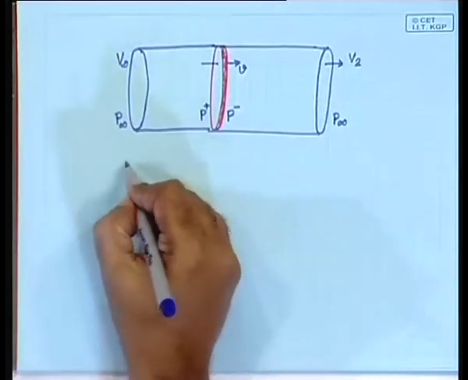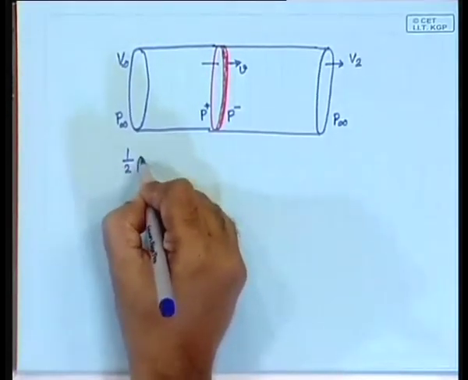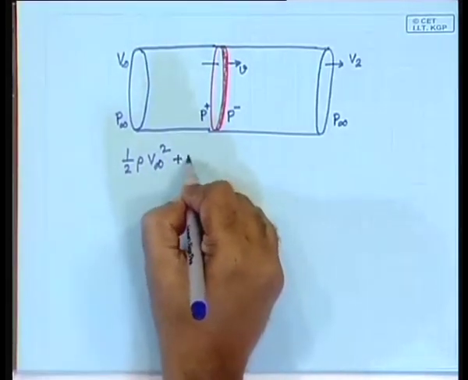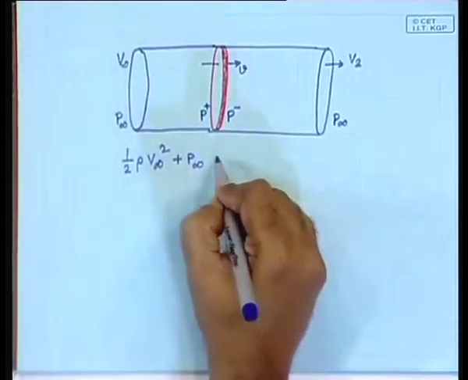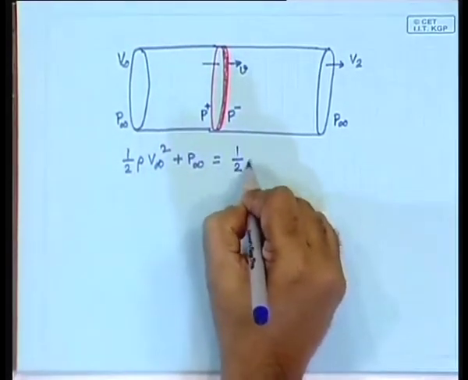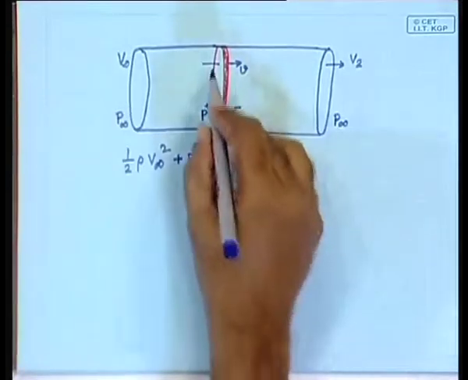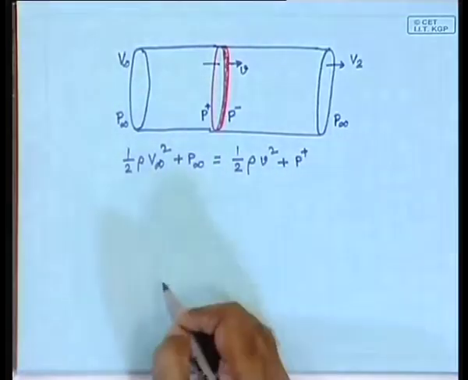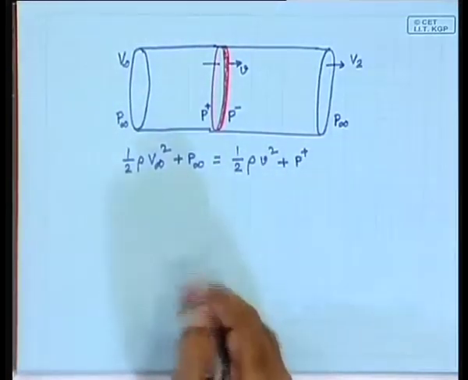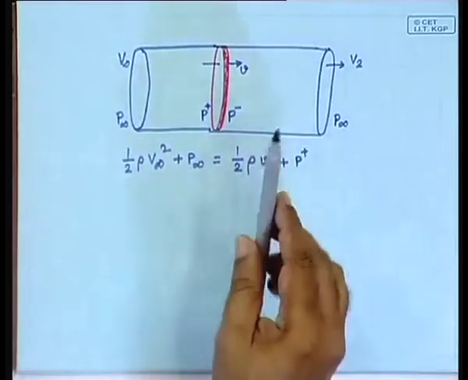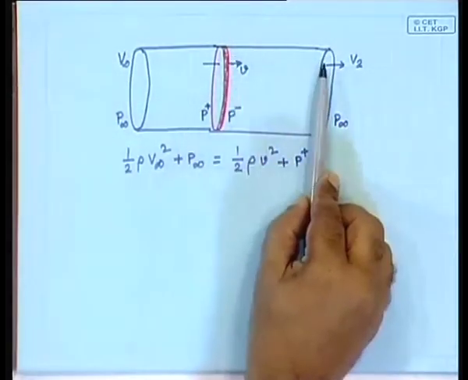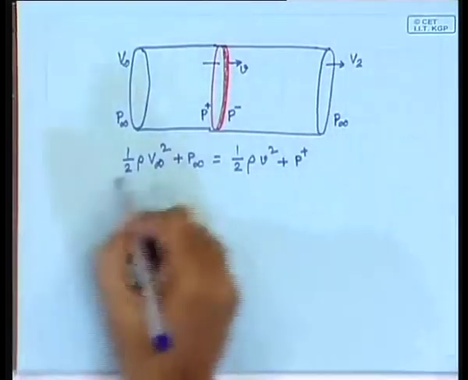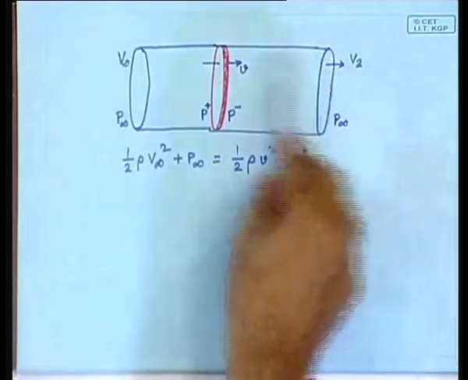You will have half rho v infinity square plus P infinity is equal to half rho v square plus P plus. Again we can write Bernoulli's principle from here to here. Since we will have to do some manipulation, we will write this one first and the other later.